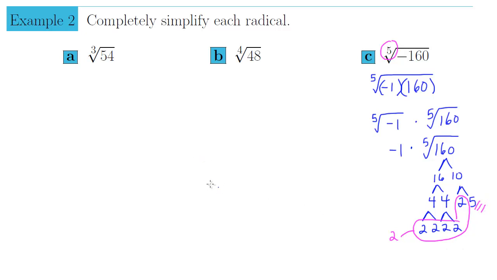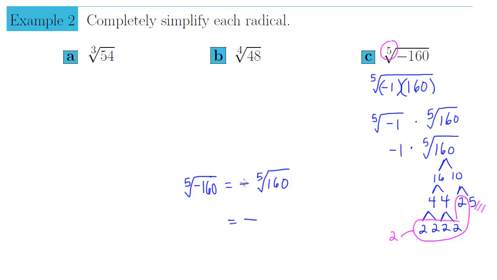So at the end of the day, the fifth root of negative 160 was equal to the negative fifth root of positive 160. That's what we did first. And that's equal to negative 2 times the fifth root of 5.